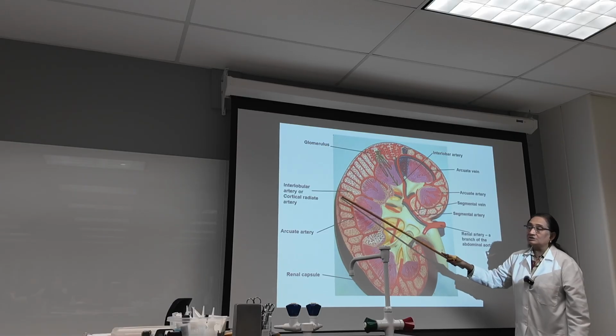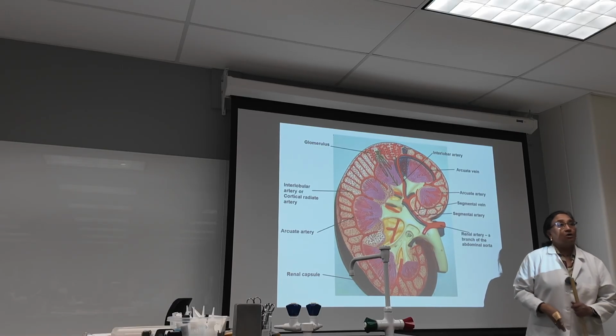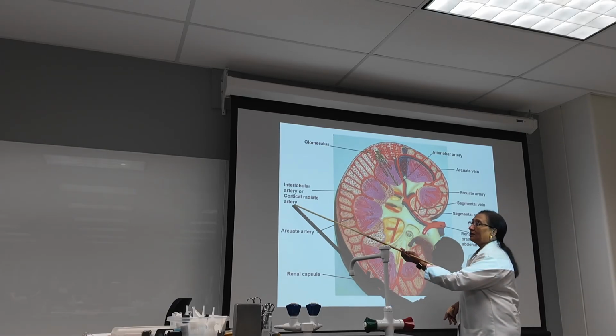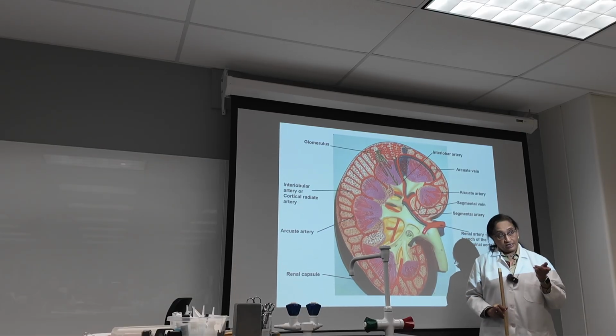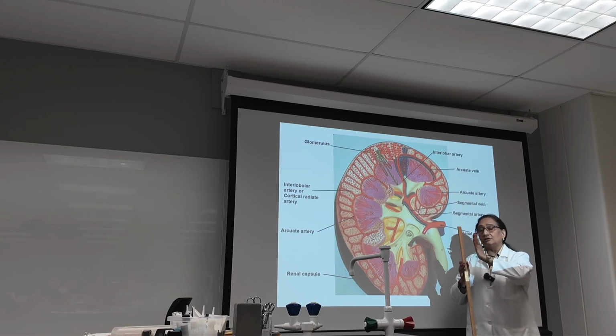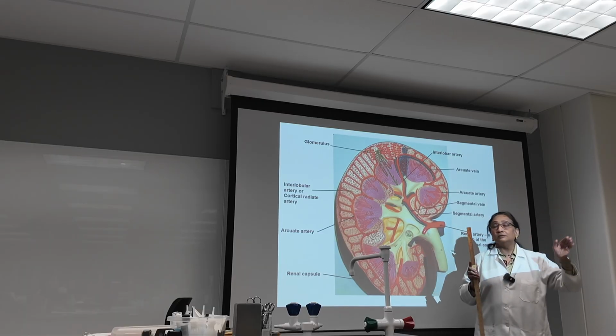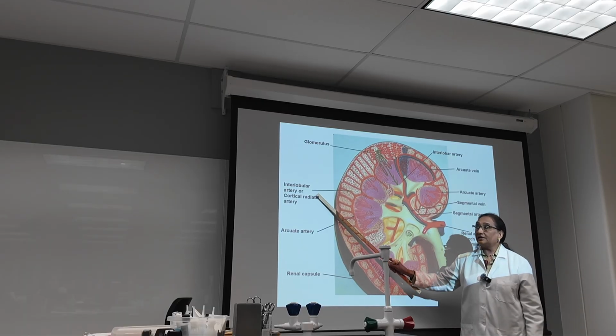These are called cortical radiate artery because they are in the cortex and they look like the rays of the sun radiating.